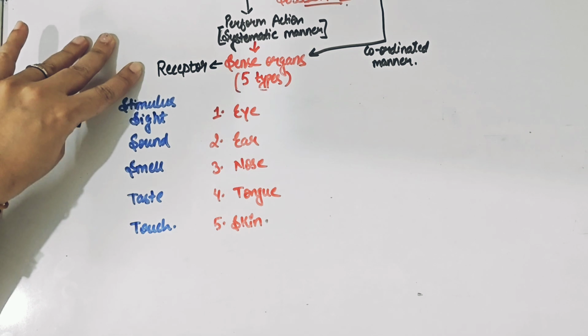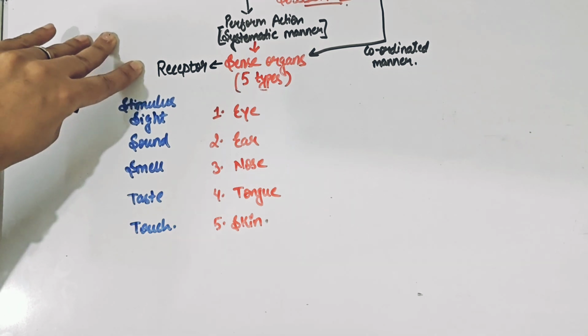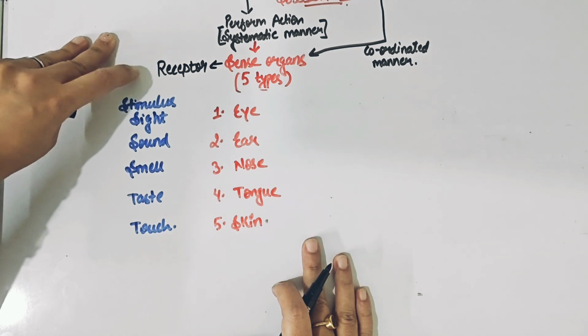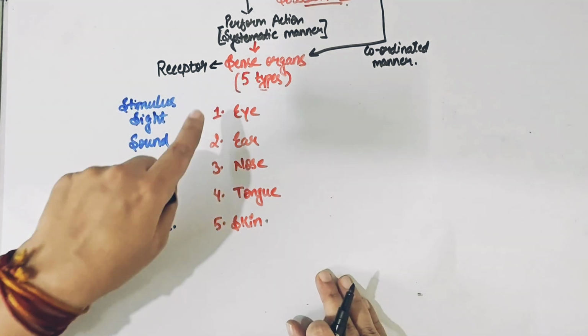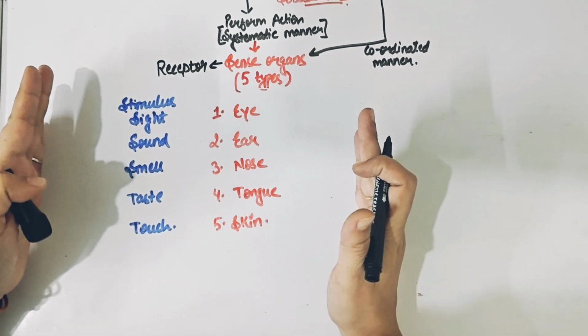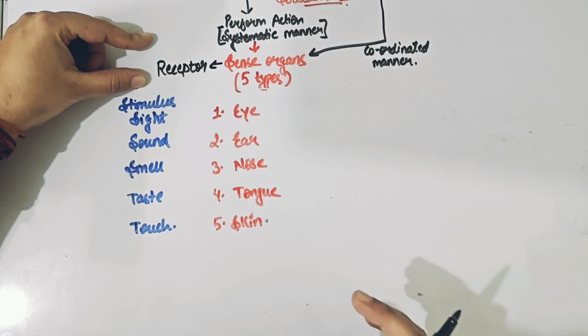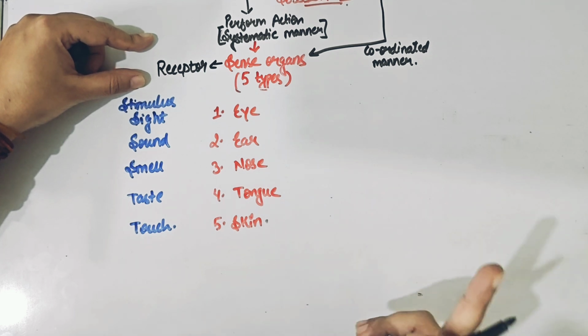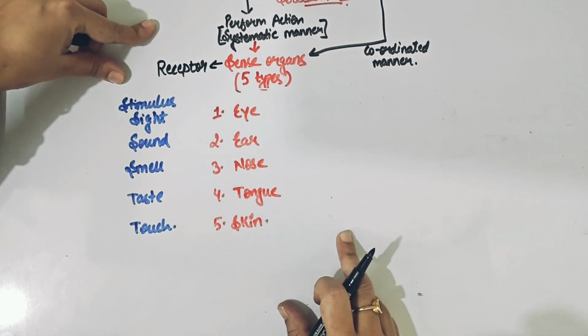This is something new which you need to know, and it is also given in NCERT. So don't think I'm teaching you extra; it is just a small glimpse, but you do need to know what receptors are. Receptors are groups of cells which are sensitive towards a particular stimulus. That's how you define a receptor.